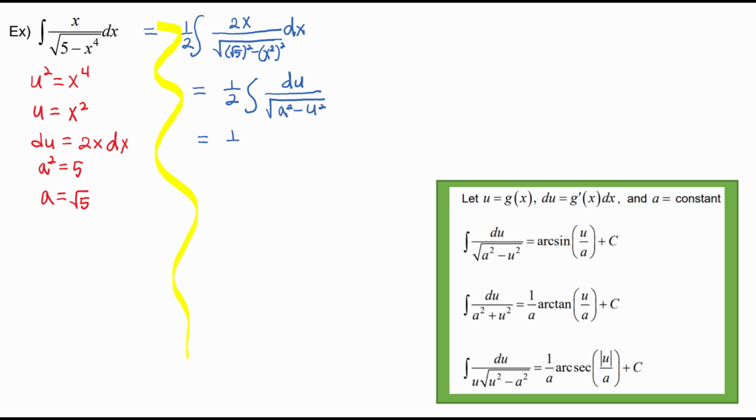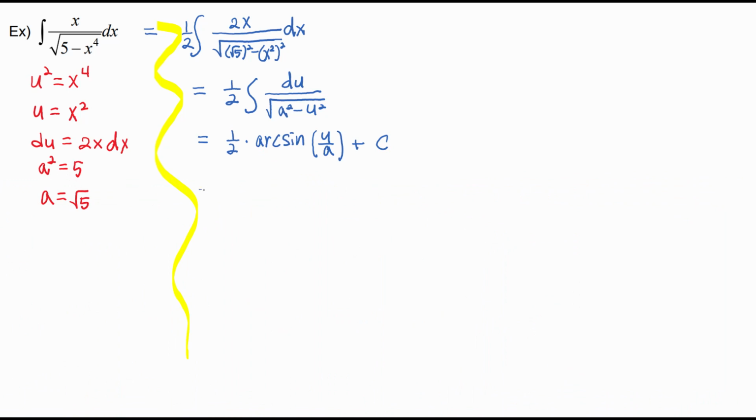And now 1/2 times arcsine formula, there is no number in the front. It was just arcsine. And I have u over a plus c, which is equal to 1/2 arcsine. What was my u?